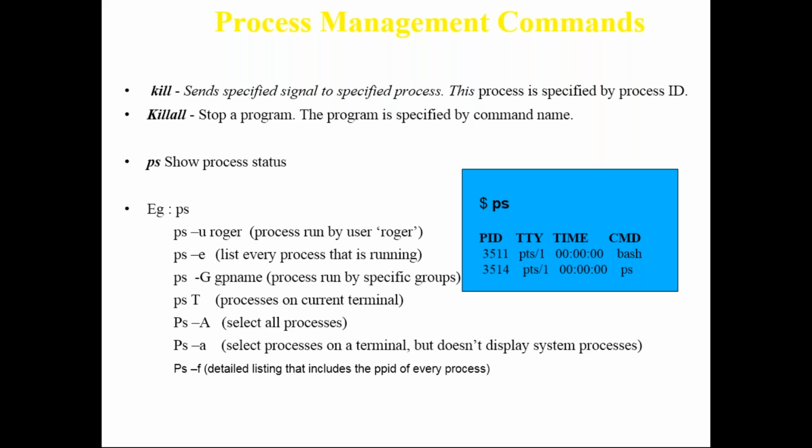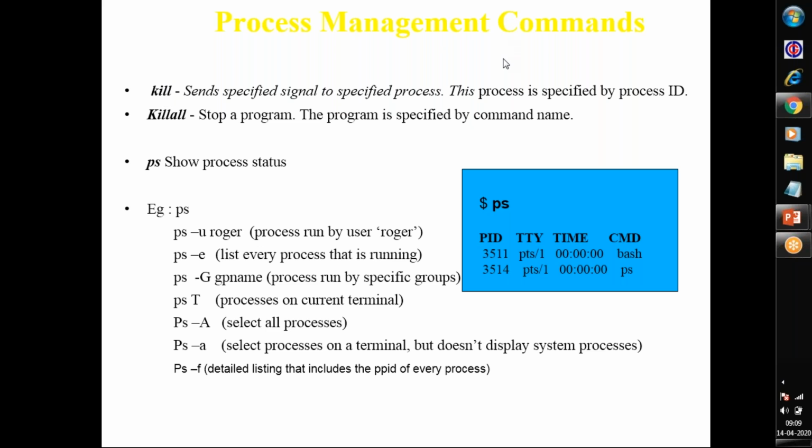Then I've discussed the various process commands, like the ps command with its options, and killall. To kill all the processes, killall is the command. Otherwise, the normal one is kill. To kill one process, you specify the PID number that you want to explicitly kill.